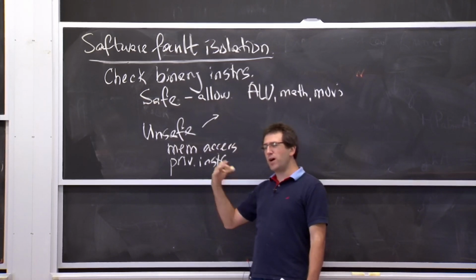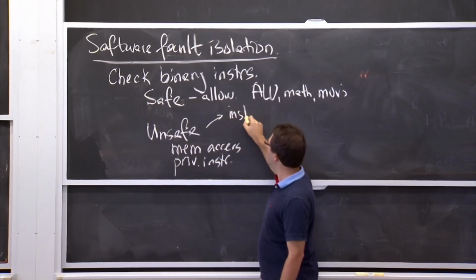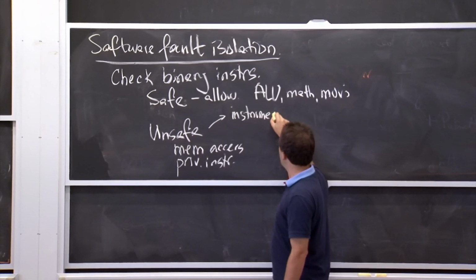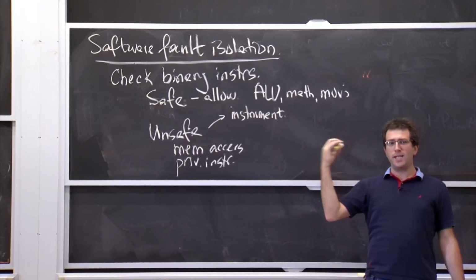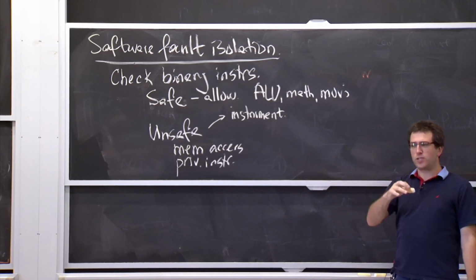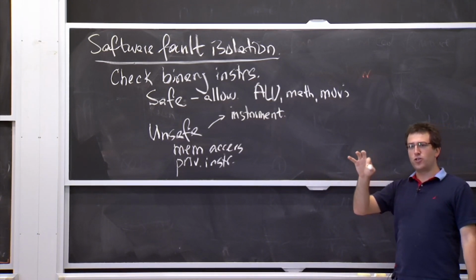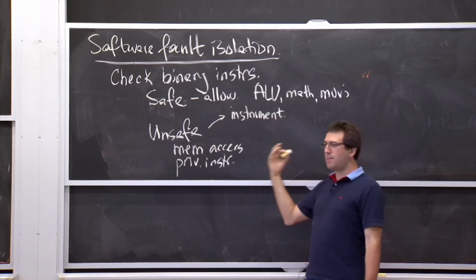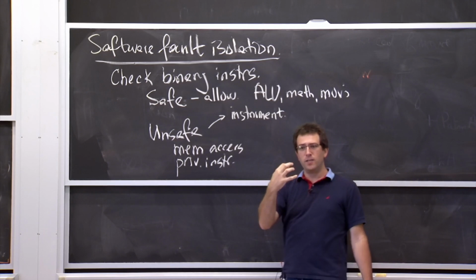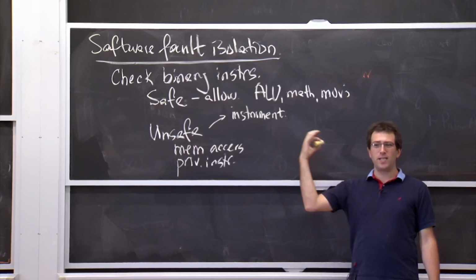Or if you're jumping around, for example, in the program's address space, then what they're going to do is somehow instrument the instruction. And what instrumenting the instruction means is that you used to have one unsafe instruction that sometimes does good things that the application might actually want to do legitimately, and sometimes that instruction could do bad things. So what instrumenting it means is that you add some extra instructions before it that will check or enforce that only good things are going to happen with that instruction.